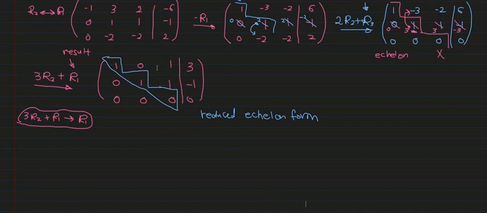So continue eliminating the triangle above if you have a leading coefficient or a basic variable, and finally you will be able to read the solution. This is step number 3 that I will indicate here. So in step number 3 we are just reading the solution.